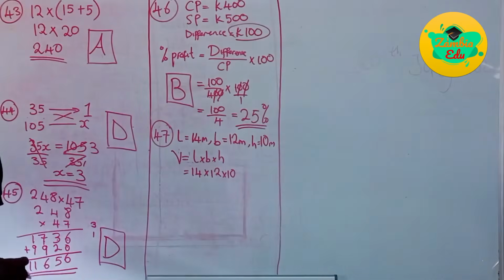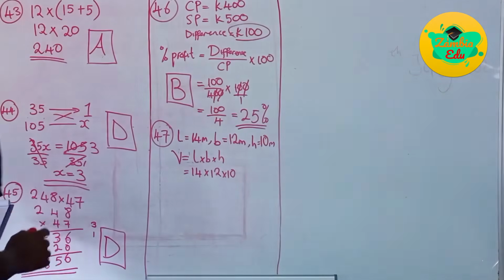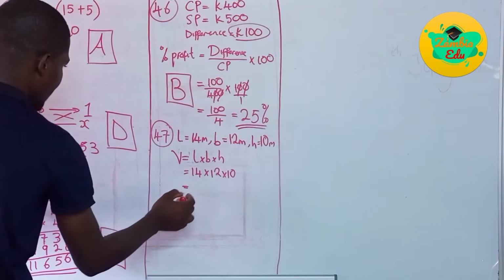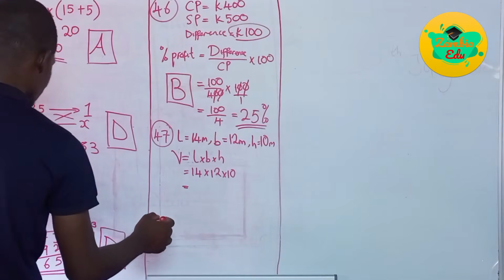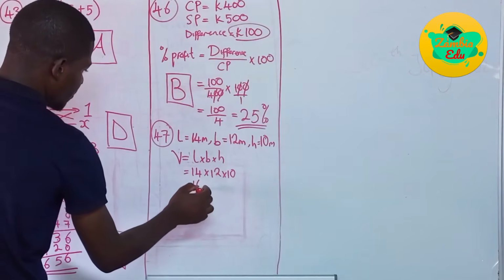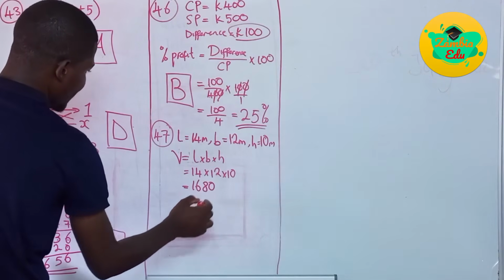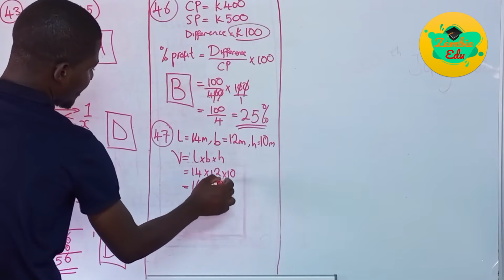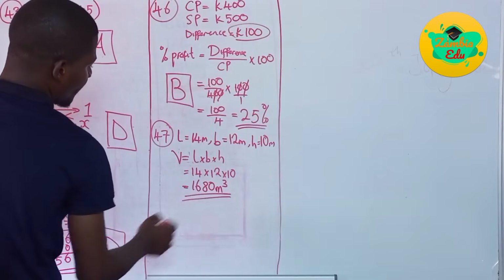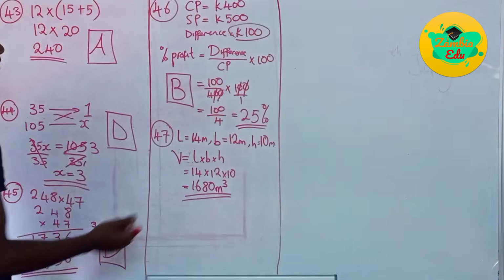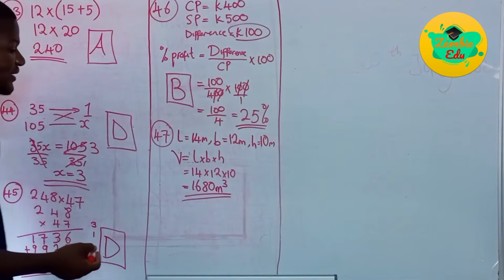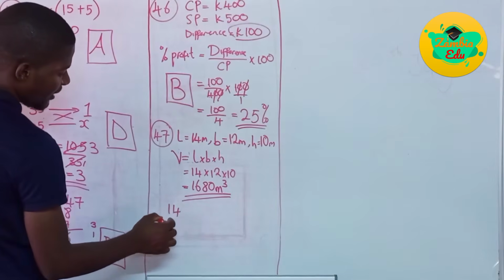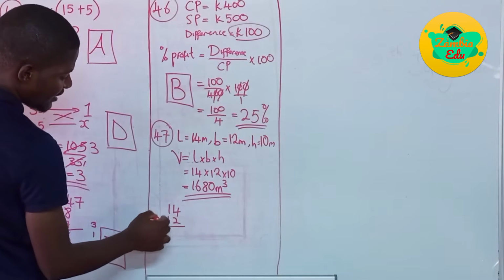So when you multiply 14 times 12 times 10, what we discover is our answer becomes 1,680 meters cubed. Maybe you might ask yourself, how did I find 1,680? Well, you can simply multiply in that particular way to find the answer.